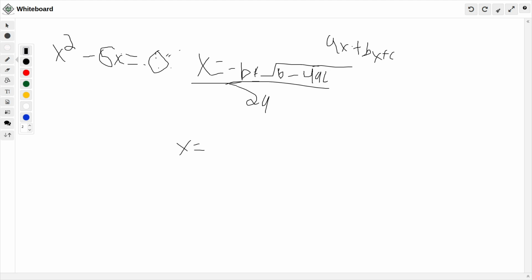negative 6 times negative 6 is 6. A negative times a negative is always a positive. So that'll be 6. Square root of negative 6 minus, did I forget a constant? Uh-oh. Minus 4. Oh, actually, never mind.